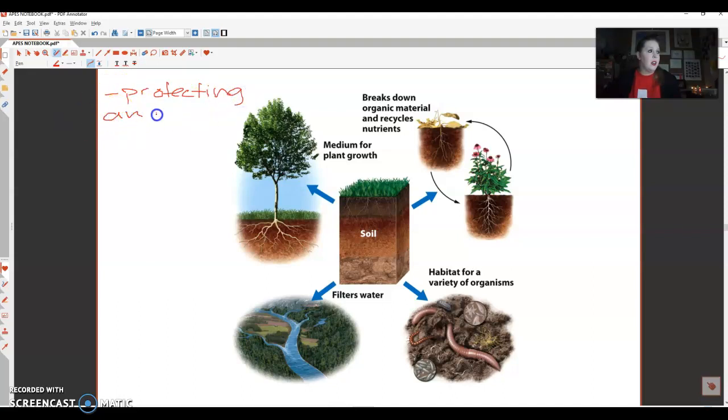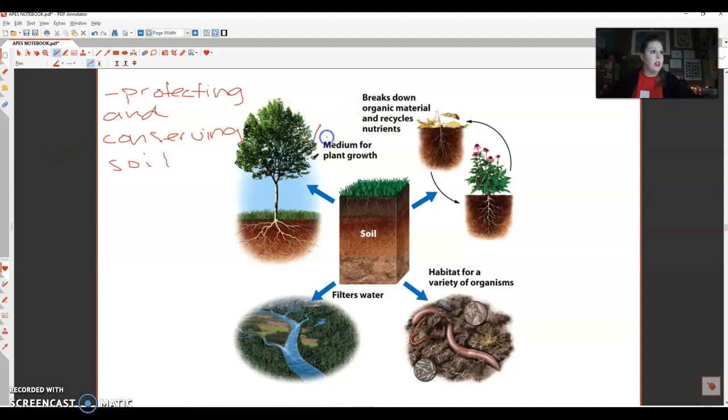And guys, if we don't have good soil, we can't grow food to eat. So it is very, very important that we conserve it. Soil is also really good at filtering out a bunch of impurities. So these are the reasons.